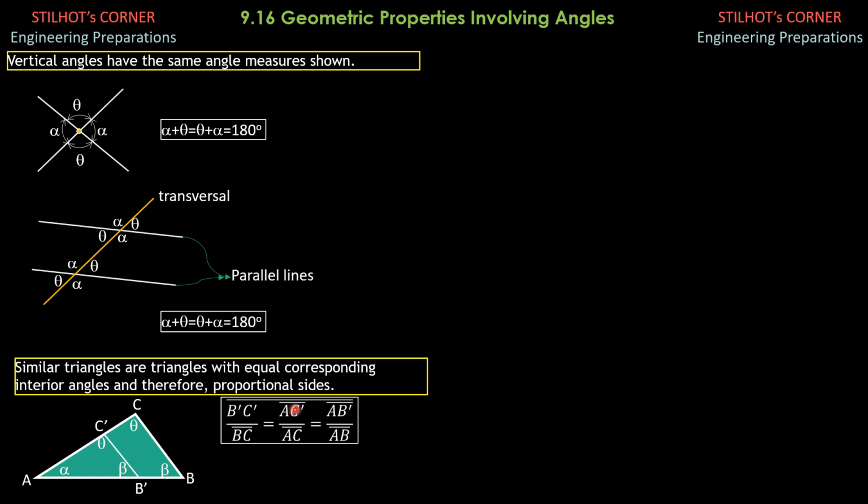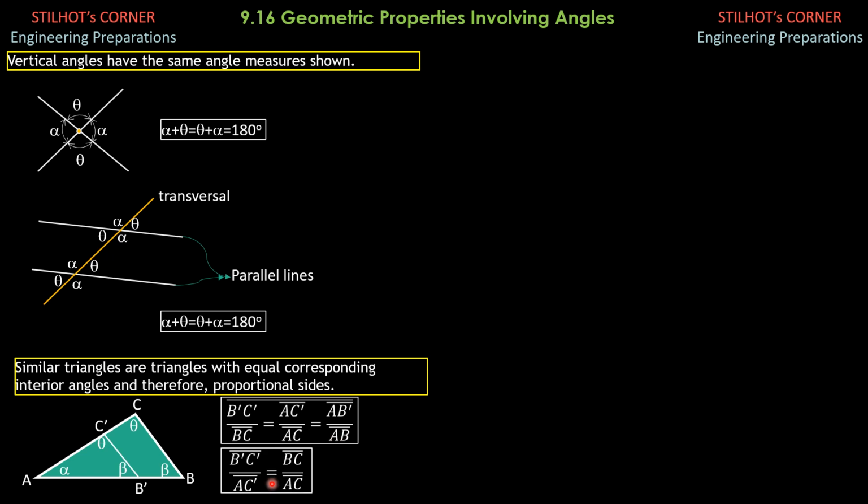Or we can interchange positions, and change this equation into B'C' as to A'C' equals BC over AC. B'C' as to A'C' is also equal to BC over AB, or A'C' over A'B' equals AC over AB, and so on and so forth.